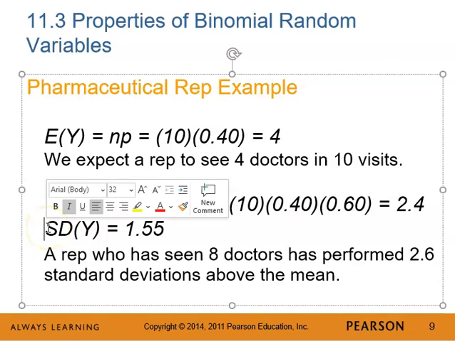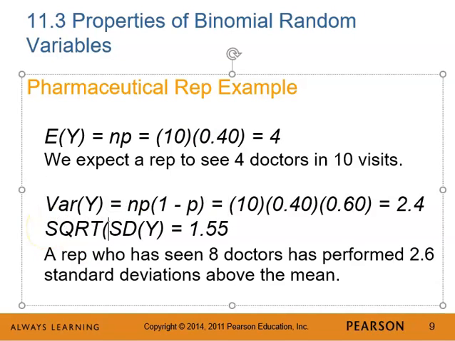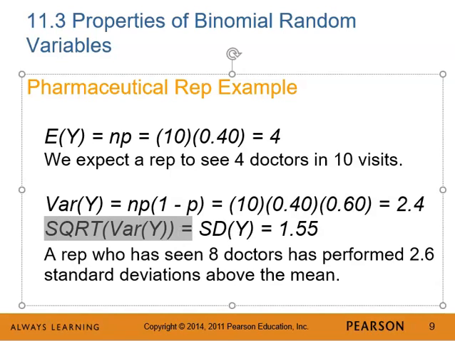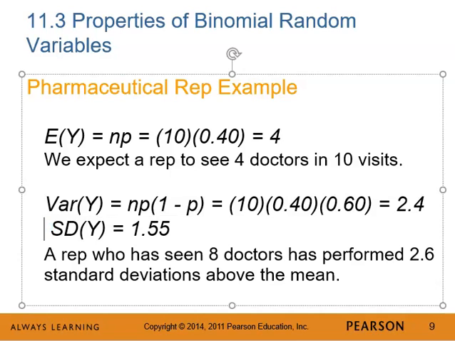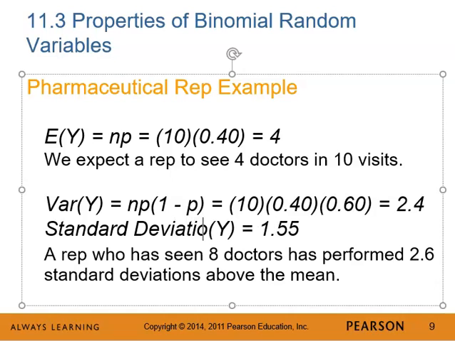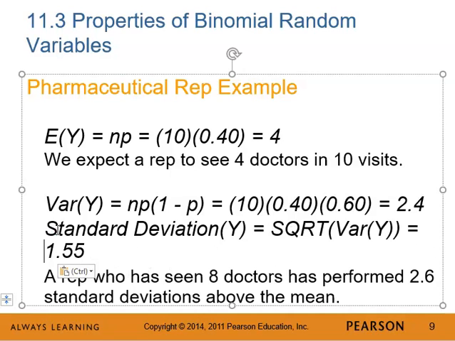So as a result, I can type here SQRT of variance equals SD, where SD is the standard deviation of Y. So this is standard deviation equals the square root of variance of Y, and that's 1.55.